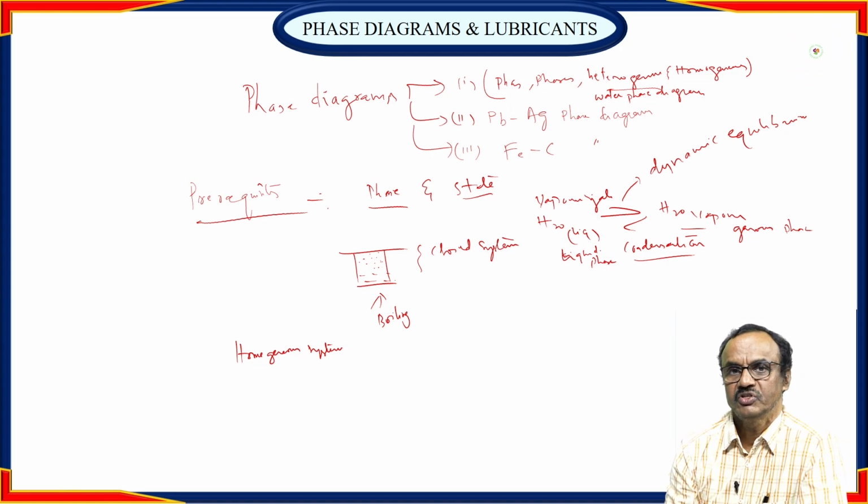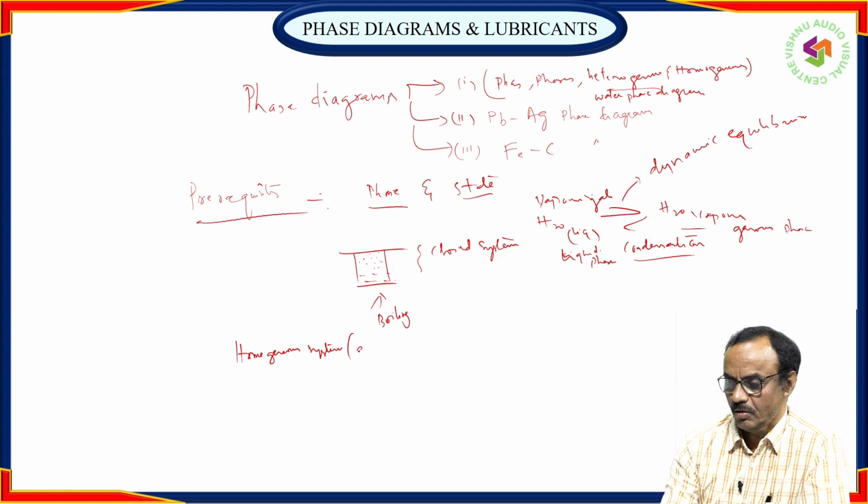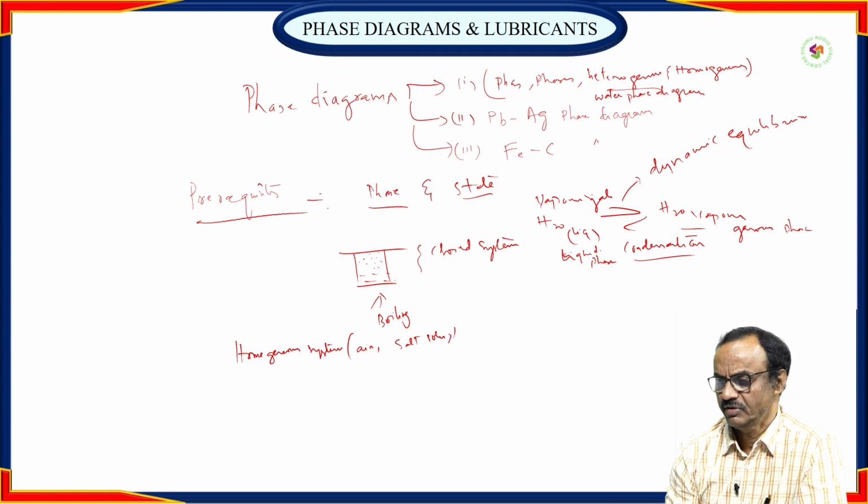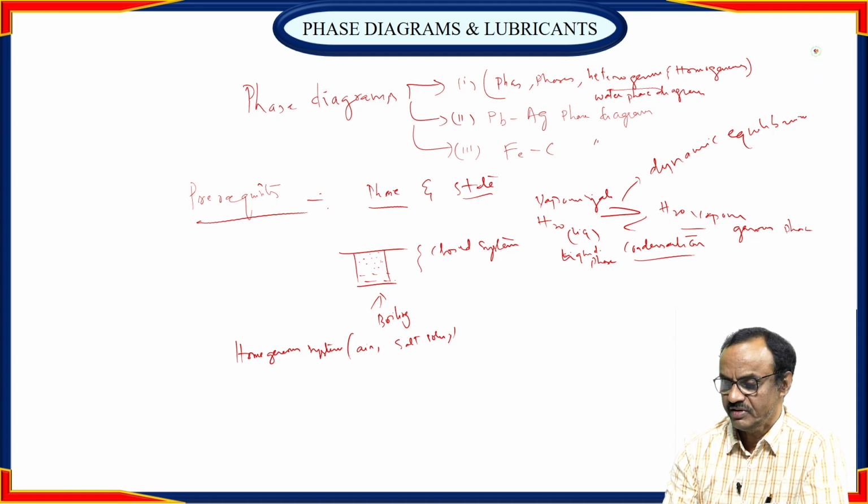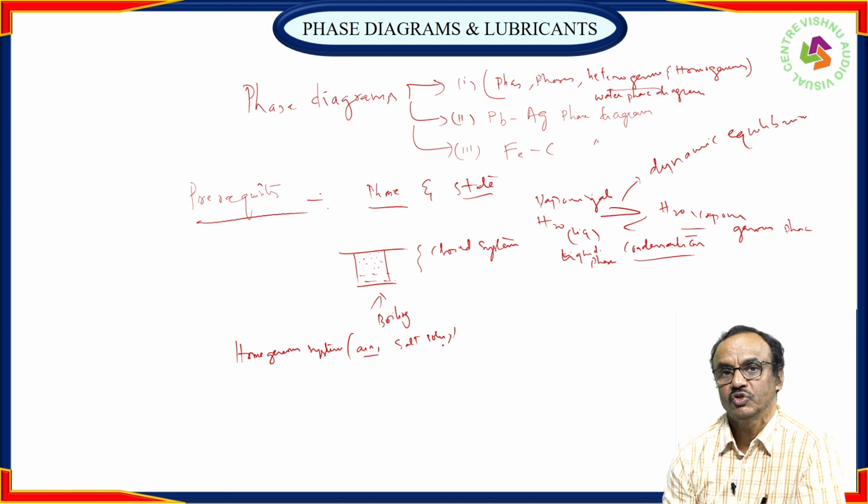Therefore, it is called a homogeneous system. Air, salt solution, sugar solution, like this. NaCl dissolves in water and becomes homogeneous. The solution is called homogeneous. One phase exists. Air is one phase, salt solution one phase, sugar solution one phase.